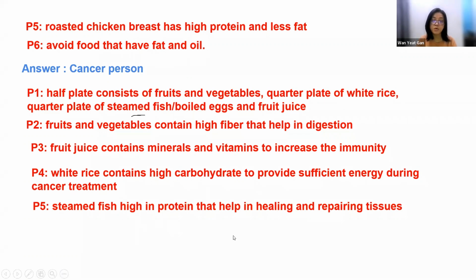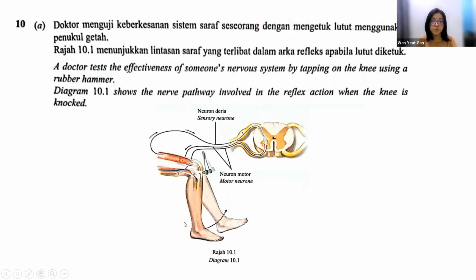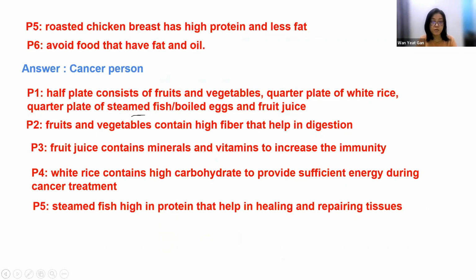So it'll be good that he replenishes his protein to help with the repairing or the making of new cells and tissue. Okay, so that's all for this question. It's not that difficult to answer, yeah.